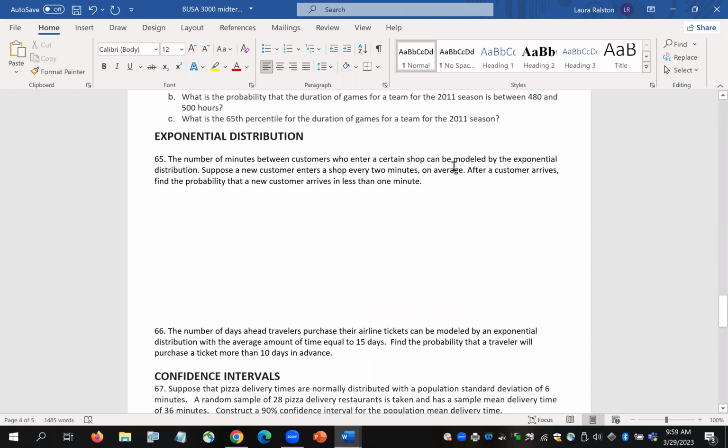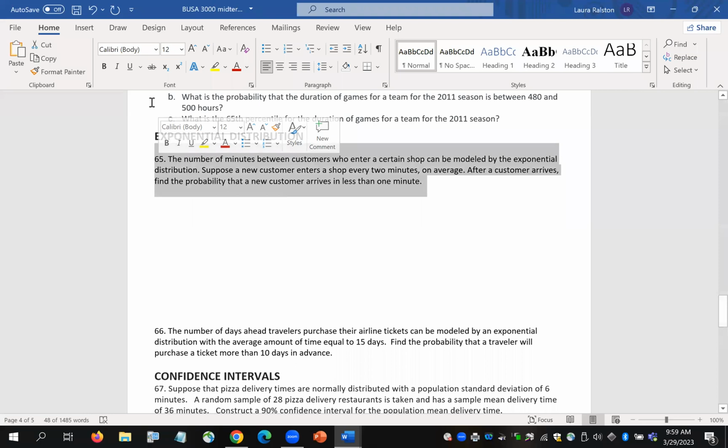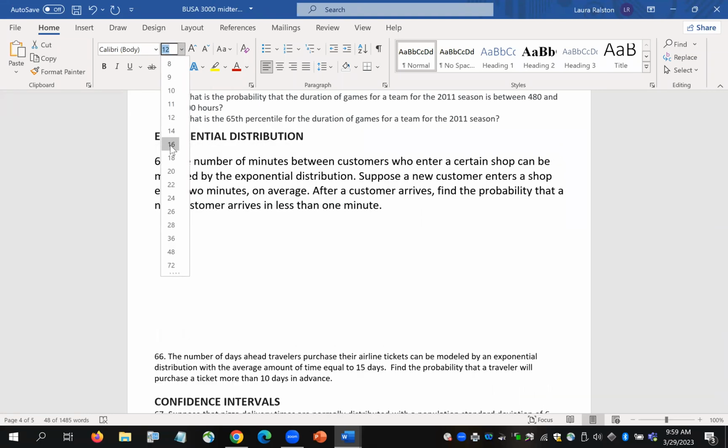All right, so question 65 says, the number of minutes between customers who enter a certain shop can be modeled by the exponential distribution. I'm going to make this bigger where you guys can see it. Suppose a new customer enters a shop every 2 minutes on average. After a customer arrives, find the probability that a new customer arrives in less than a minute.